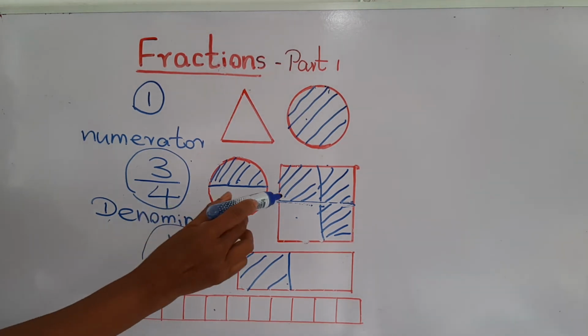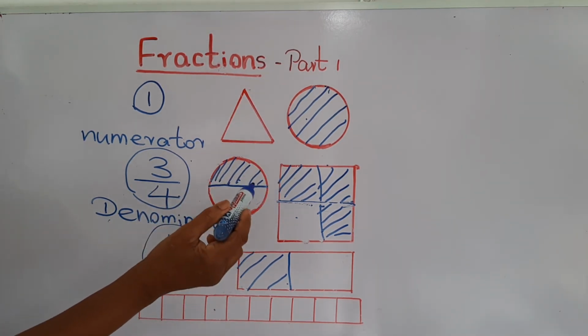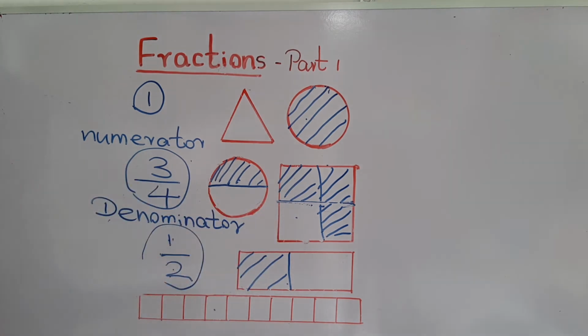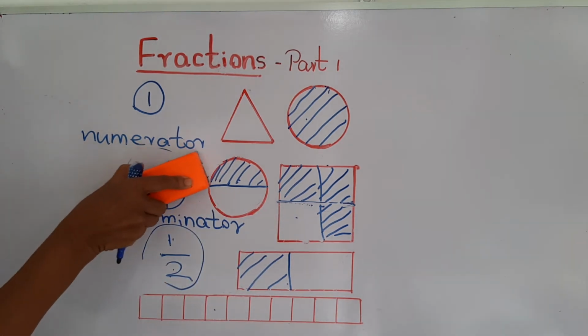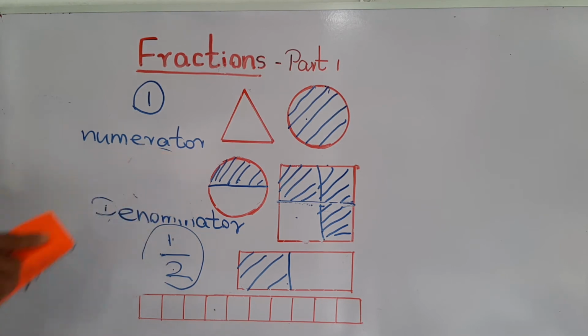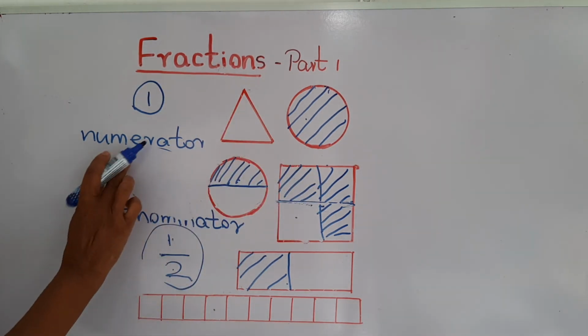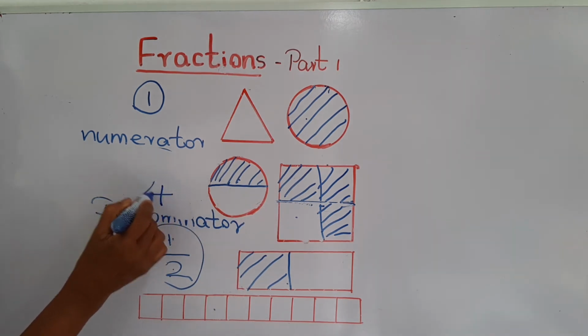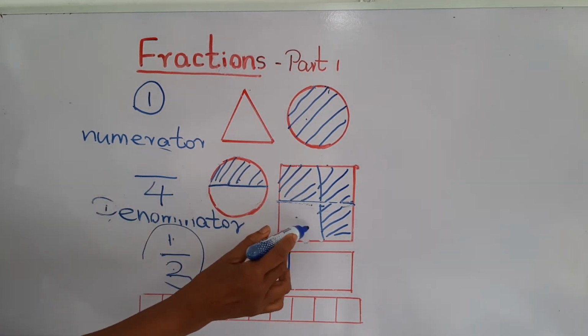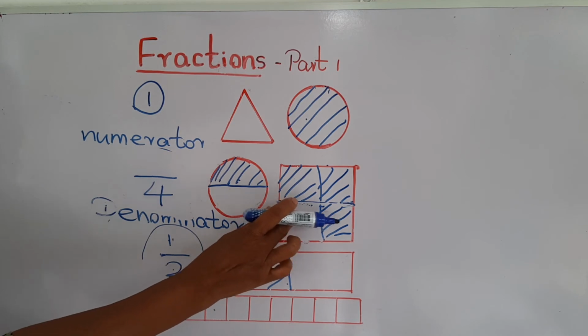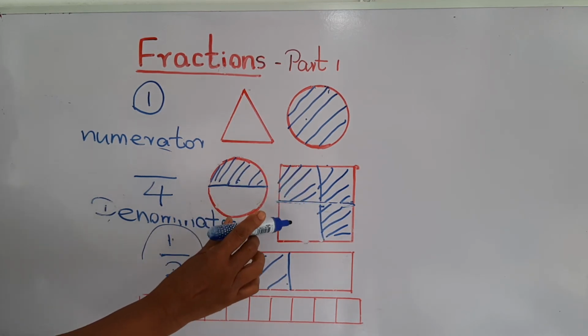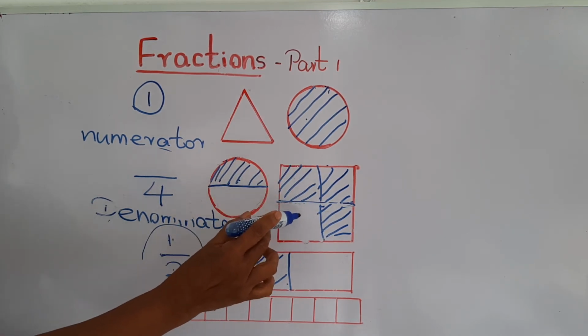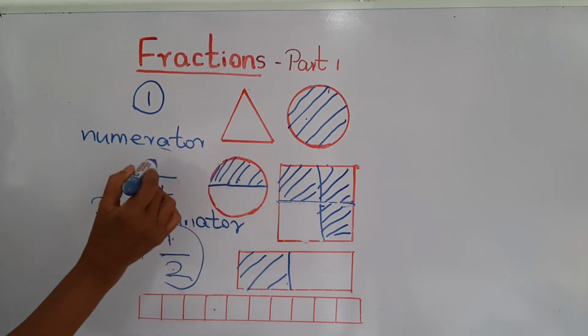Right. Now here I will show you another way. With this square, I have divided the square into 4 parts. Out of 4, how many parts are non-shaded? 1 part.